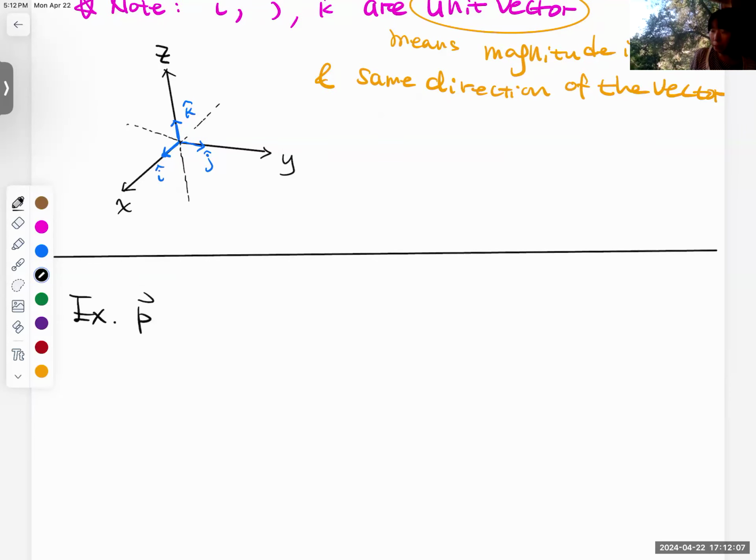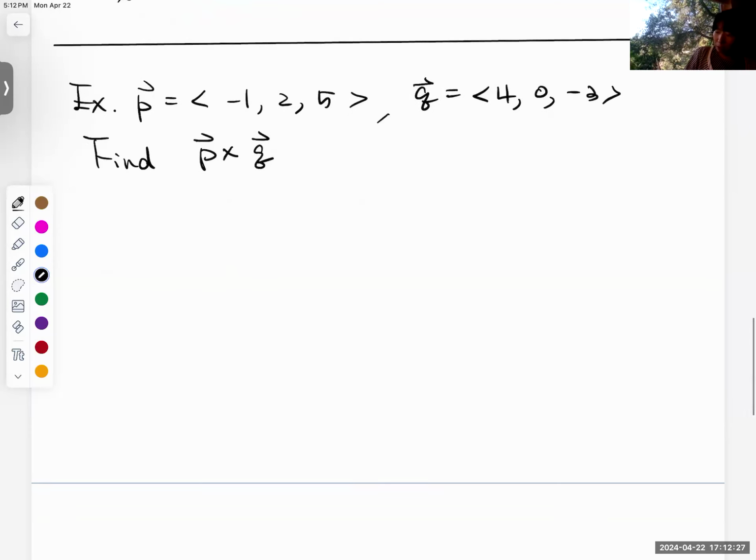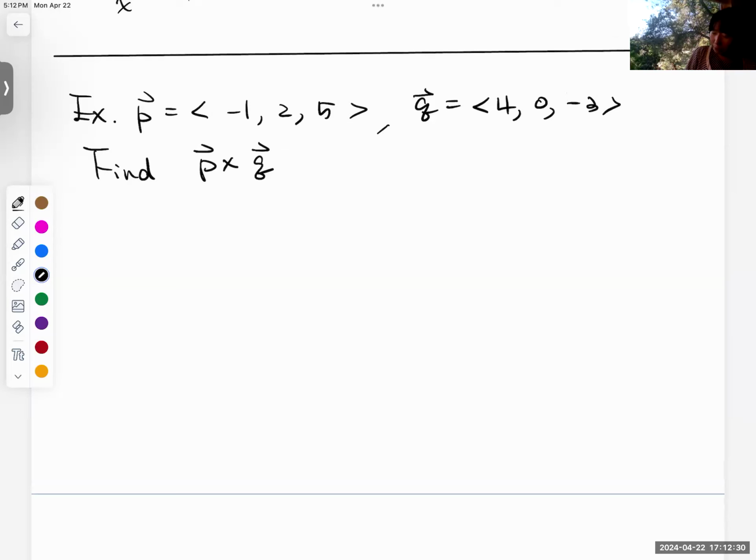Example. We have p, negative 1, 2, 5, and q, which is 4, 0, negative 3. Now we want to find the cross product of p and q. Okay, so we have p cross q and i, j, k.